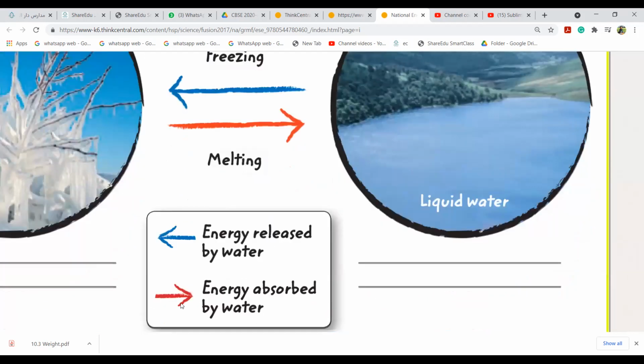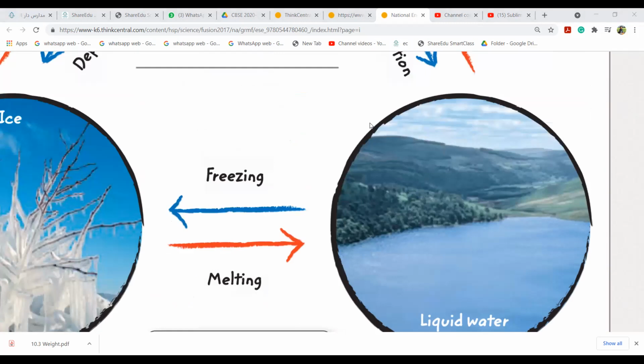Do you see this arrow, girls? When it is solid to liquid, energy is absorbed. When it is liquid to solid, the energy is released. Will you remember these, girls? This is important. When it is solid to liquid, the energy is absorbed by water. When it is liquid to solid, energy is released by water.